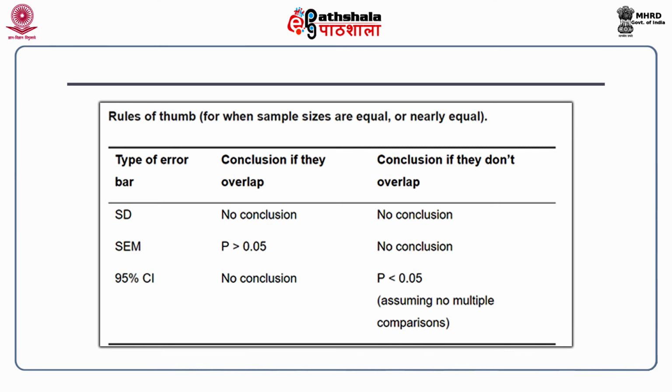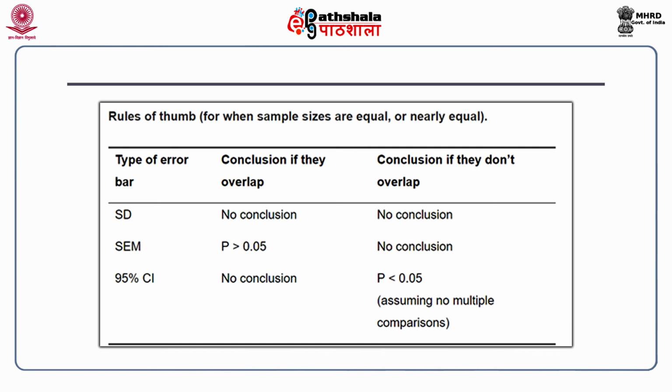Now in the case of 95% CI, if they overlap, again no conclusion. But if the 95% CIs do not overlap, it's safe to conclude that the p-value is less than 0.05, assuming no multiple comparison. Multiple comparison is another problem that we will discuss in one of the later modules.